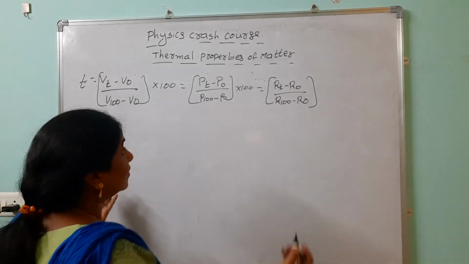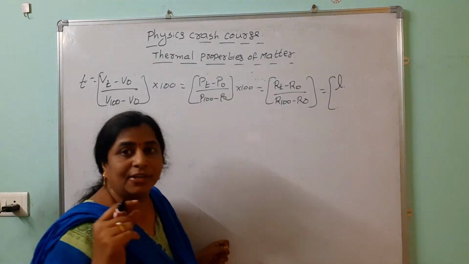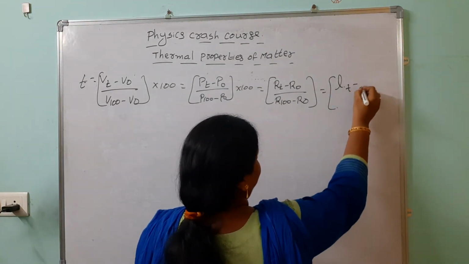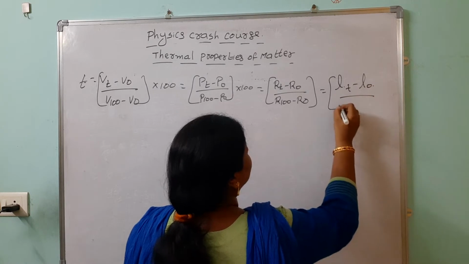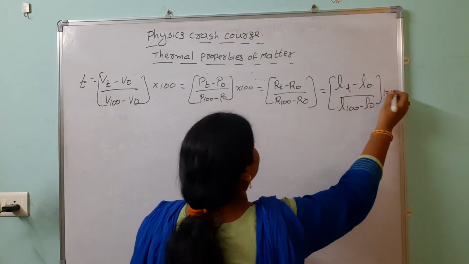Like that, in terms of length also we can find out, especially in the case of a mercury thread: length at t degrees centigrade minus length at 0 degrees centigrade, by L100 minus L0, into 100. Anything you can find out.